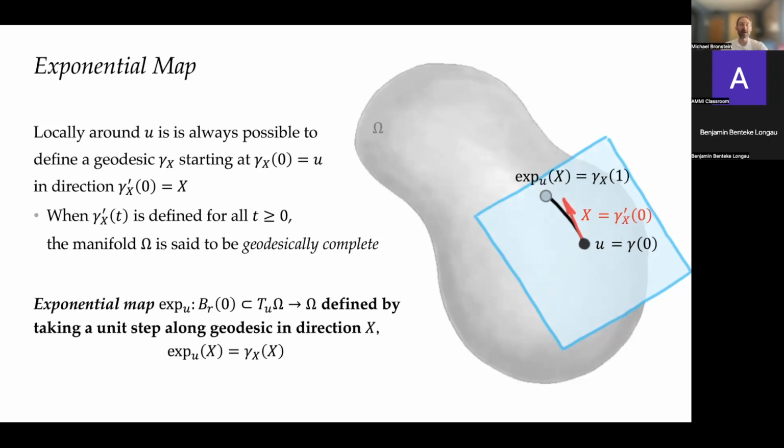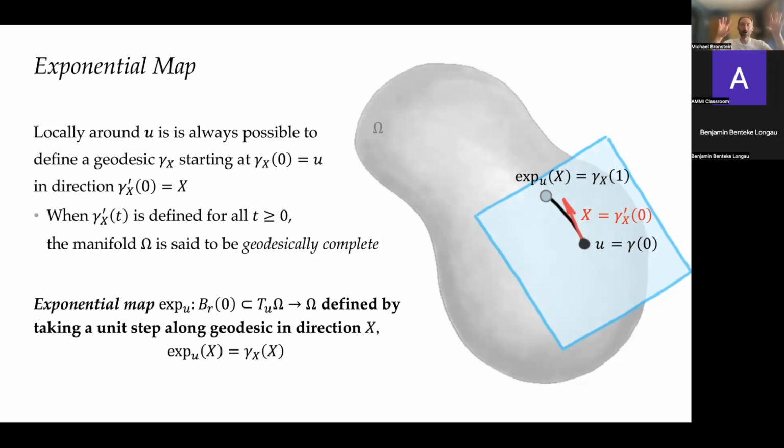And the exponential map is defined by taking a unit step along a geodesic in a certain direction. So the geodesic exponential map takes us from the tangent space: it takes a unit vector, defines a geodesic in this direction, and takes a unit step along this geodesic, and it lands us at a point on the manifold. Okay, so that's what the exponential map does.